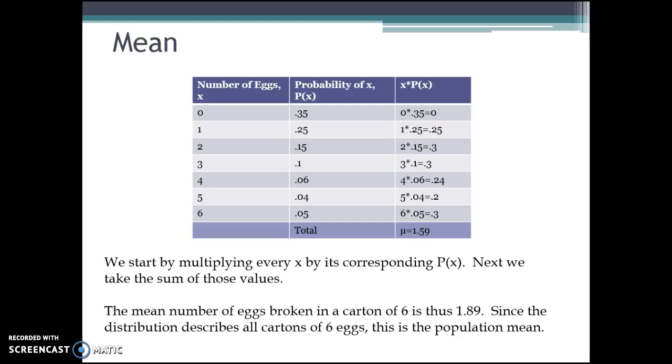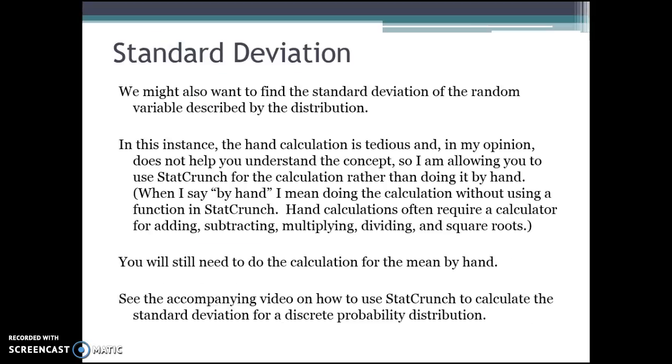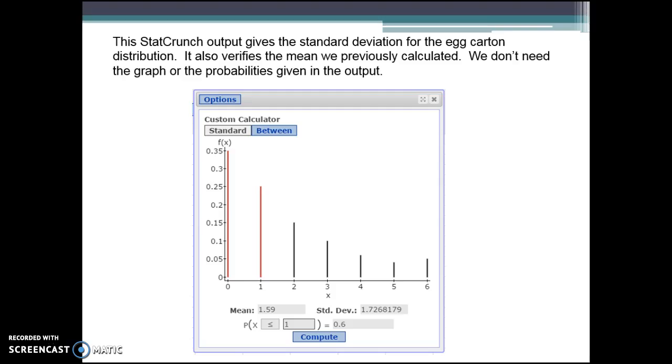So doing the weighted mean, I think if you do that by hand, it helps you see what's going on. The standard deviation is just tedious, so I'm just going to let you get that from StatCrunch. I'll make a video about how to find that value in StatCrunch. But here's what that looks like.